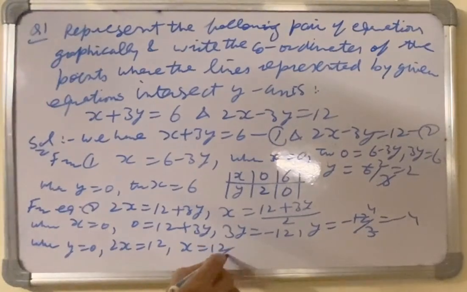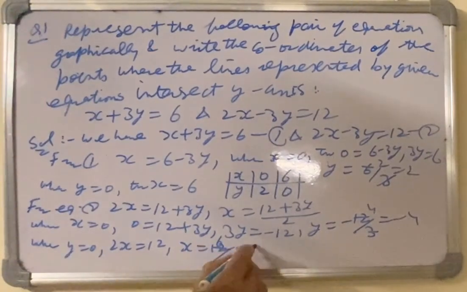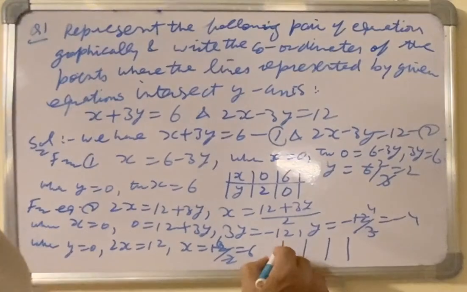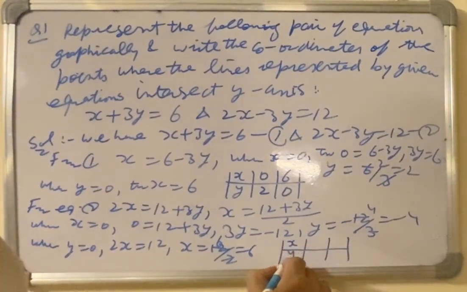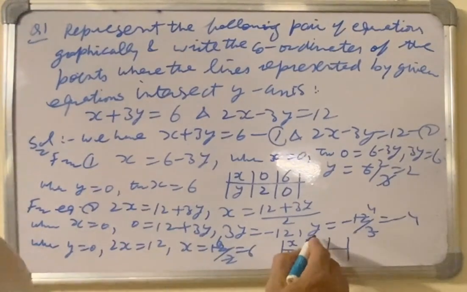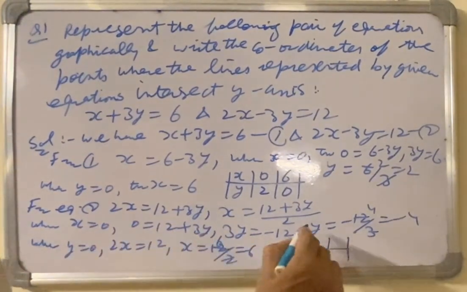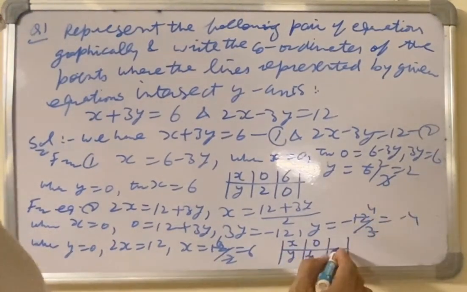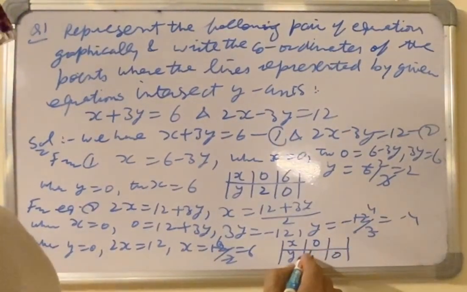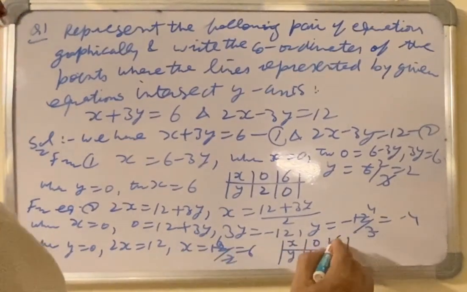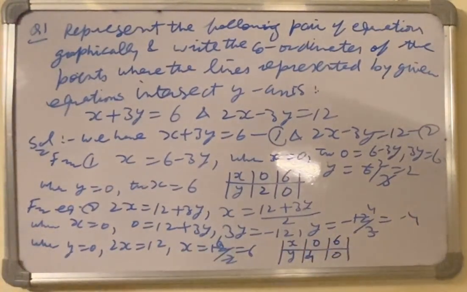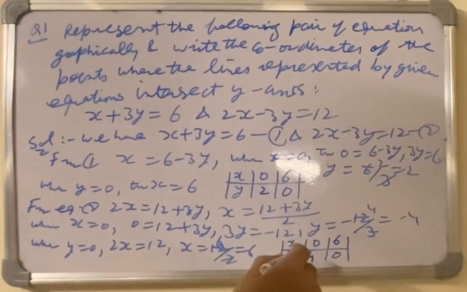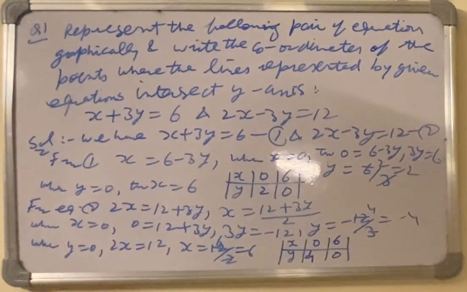X is equal to 12 by 2, 6. So we have set of values for second equation. When x is 0, y is minus 4. When y is 0, x is 6. Now we draw these points (0, 2), (6, 0) and (0, -4), (6, 0) on the graph.